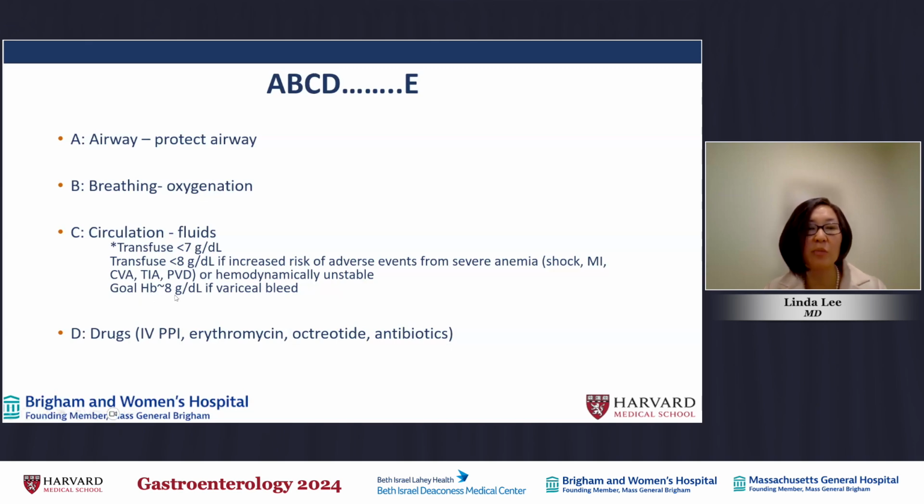A goal hemoglobin of around 8 is reasonable if the patient has variceal bleeding. As far as D, drugs go, we typically think of things that include IV PPI, erythromycin, octreotide, and antibiotics are those things that we administer for variceal bleeding that I will not be discussing today.